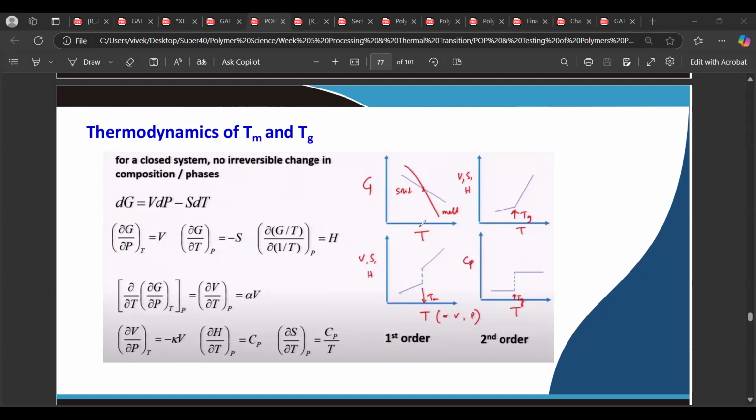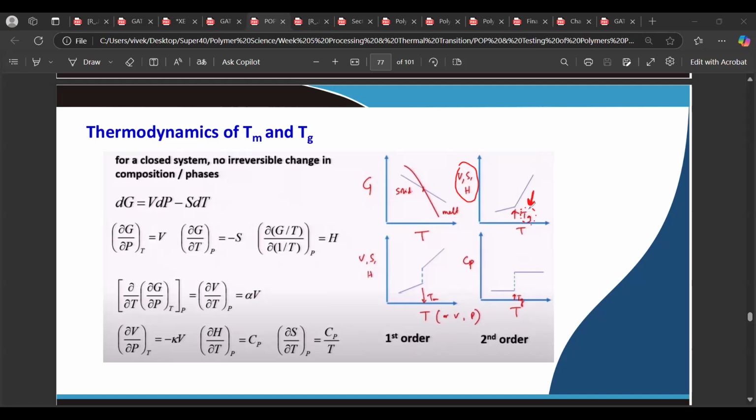Okay. Now the same thing, V, S, H, if you plot with T, and you see in certain materials another transition, okay, another transition at a temperature, then that temperature gives you the indication of a transition, and that transition is a second order transition.